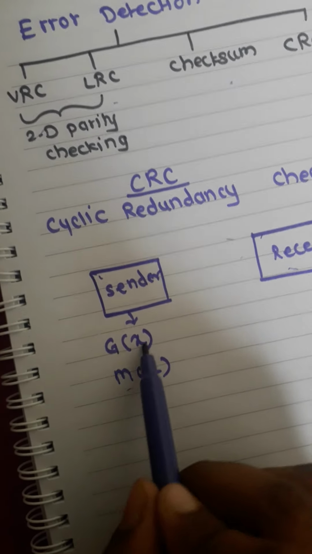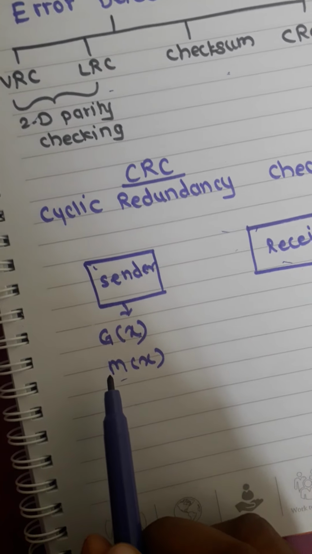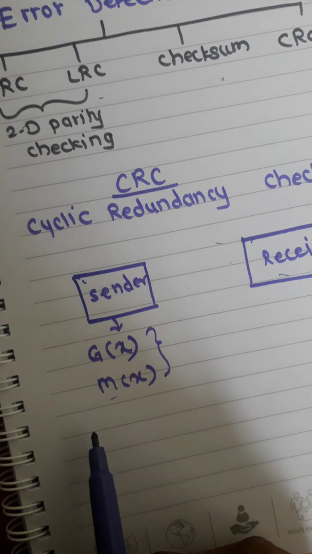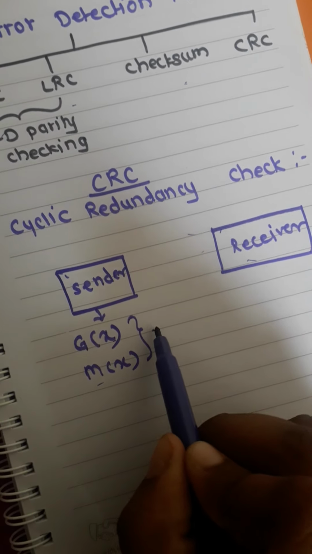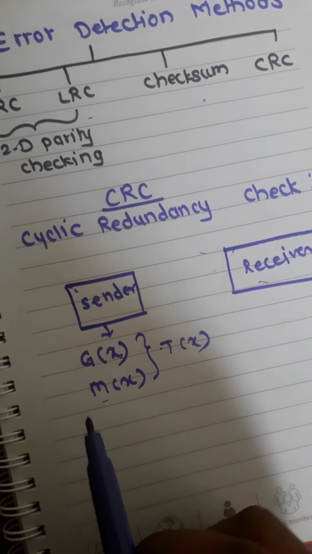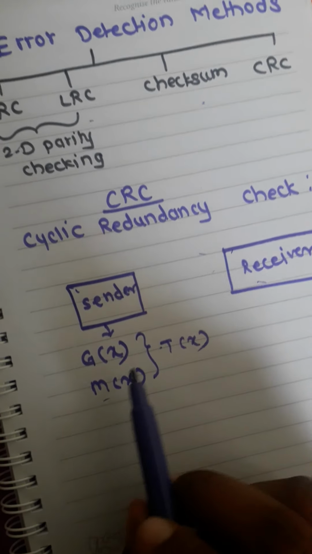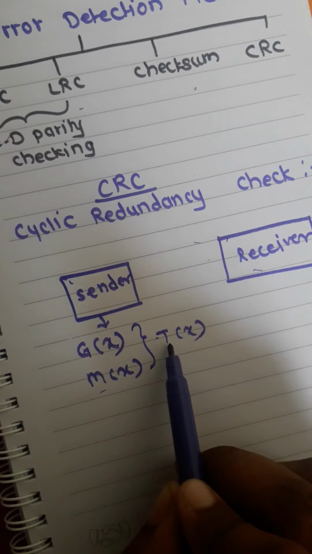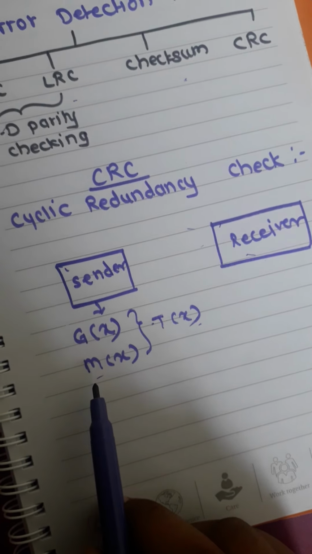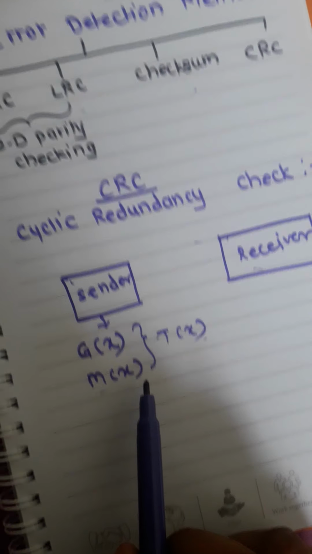Using both the generator polynomial and the message bits, we are going to produce the transmitting bits, by applying some calculations on this data.